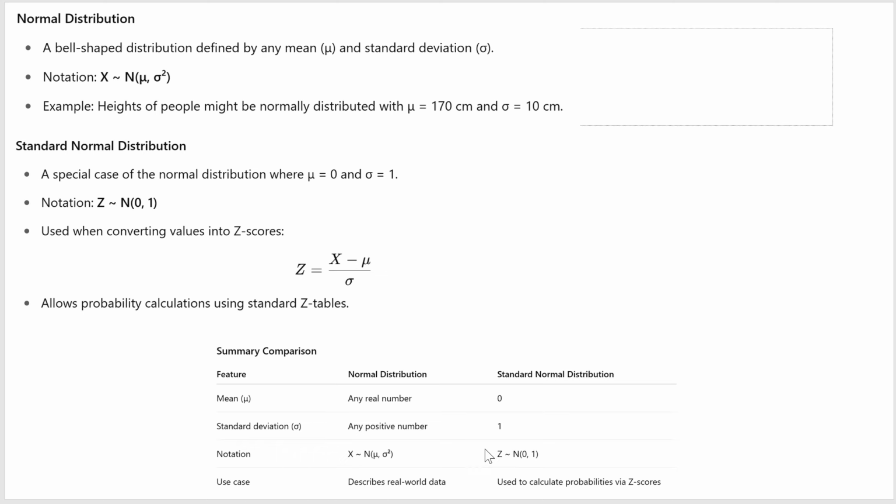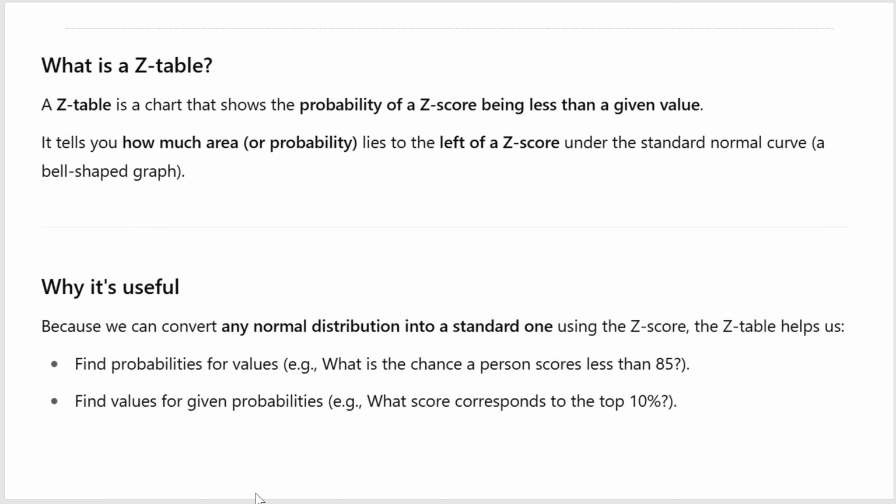But the use case for standard normal is that it is used to calculate probabilities via z-scores. You have tables generated, you find the z-score, you look up a table and you say the probability is 60% or 80% or whatever, because z-scores are very predictable. Okay.